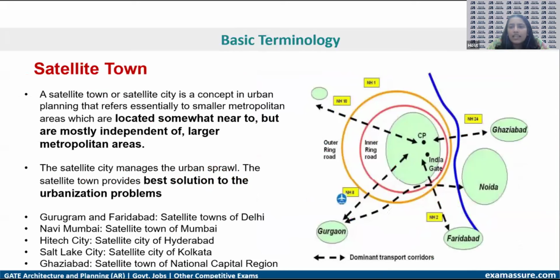Then coming to satellite towns. Now, can you all tell me what is the natural satellite of Earth? Yes, the moon. So let's say you have your Earth, you have your moon over here.